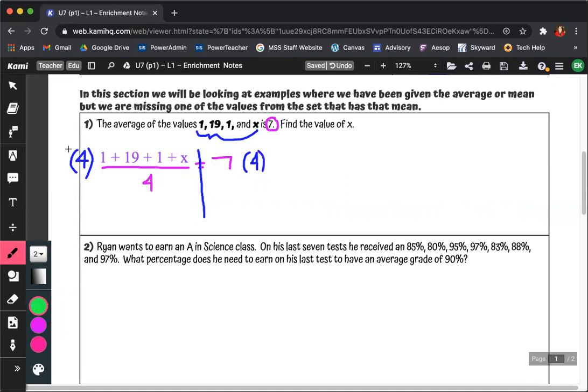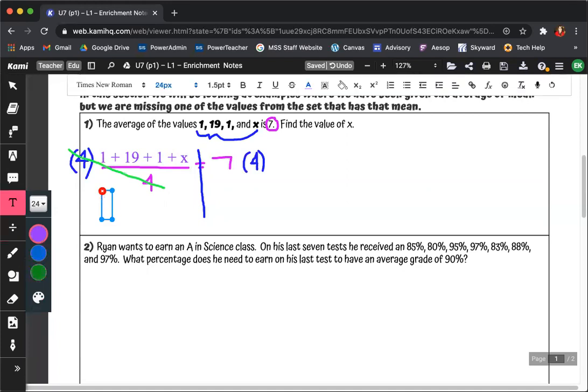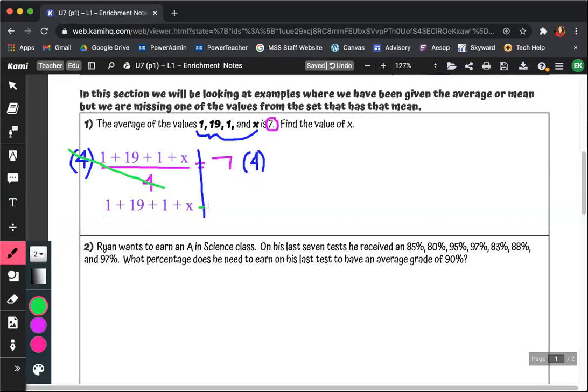On this side, that should cancel. We're left with 1 plus 19 plus 1 plus x equals 7 times 4, which is 28.